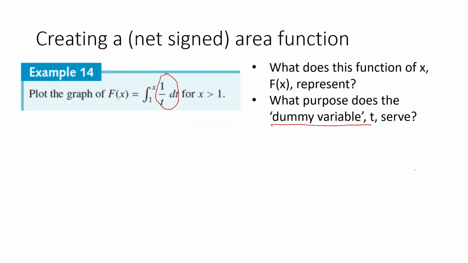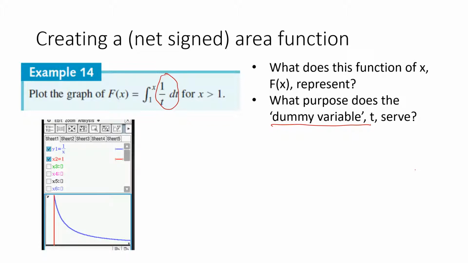So let's just click on this. Okay, that's obviously 1 on x, and what we're interested in is a function as x is growing in the positive direction from 1, so obviously that's the point 1, comma 1.